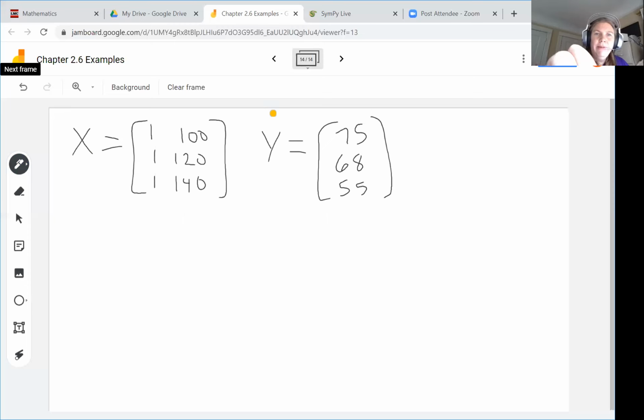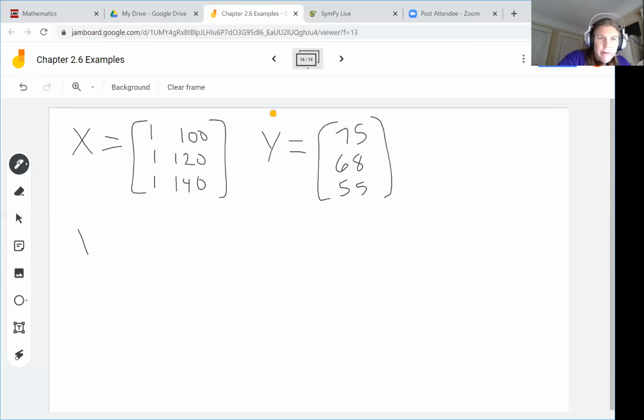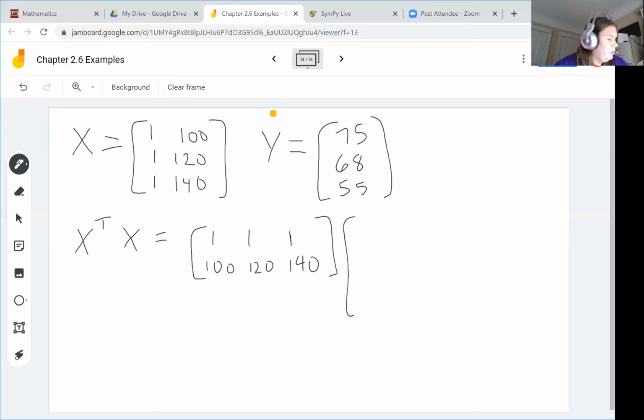And then next in the equation we want to calculate X transpose X for this part of the equation right here. So X transpose X is going to be 1, 1, 1 on the top row, and 100, 120, and 140 on the bottom row, multiplied by the X matrix with 1s and 100, 120, and 140.